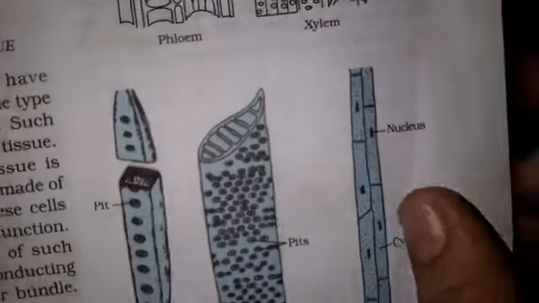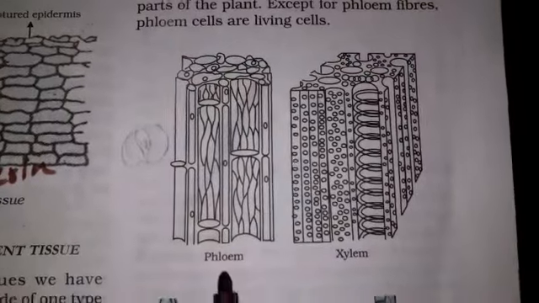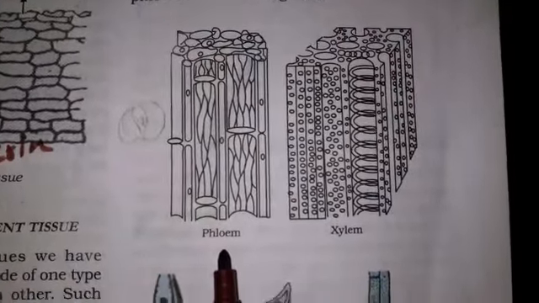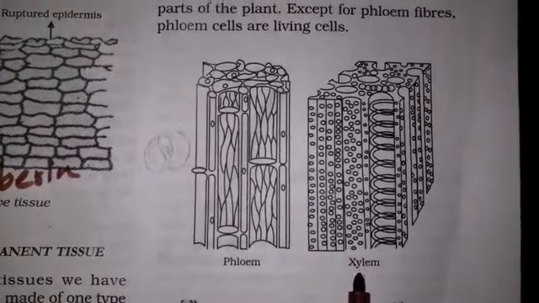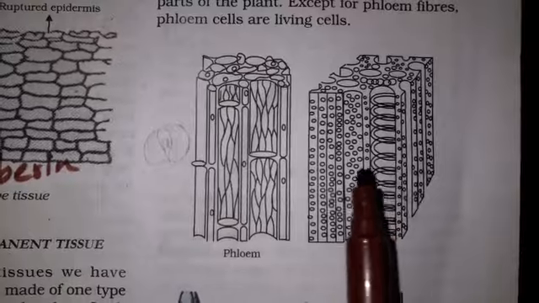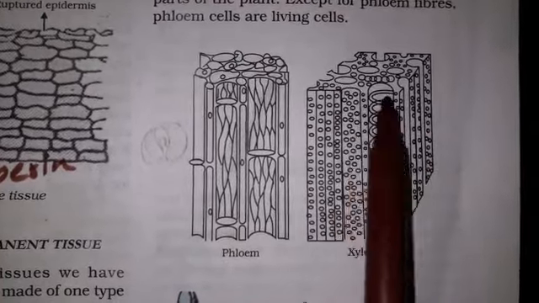Xylem is made up of what? This is xylem, this is phloem. There are different types of tissues and different types of cells.